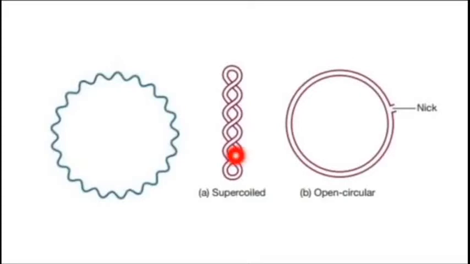In supercoiled DNA, the axis of the double helix itself is twisted to form a superhelix. It can produce negative supercoiling and positive supercoiling. The degree of coiling is controlled by topoisomerases or gyrases.